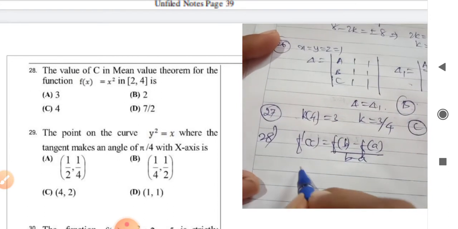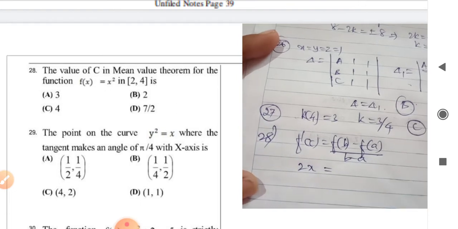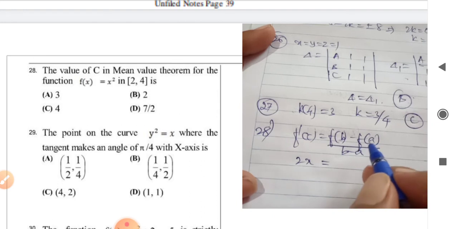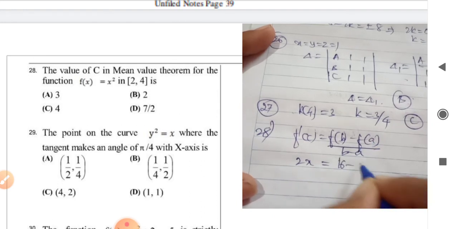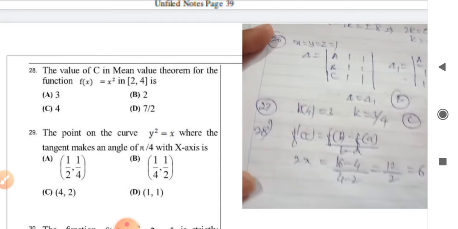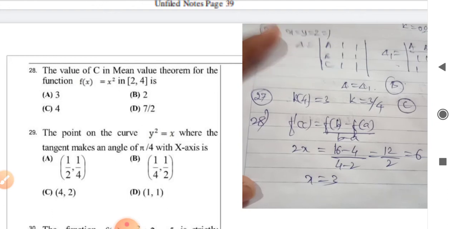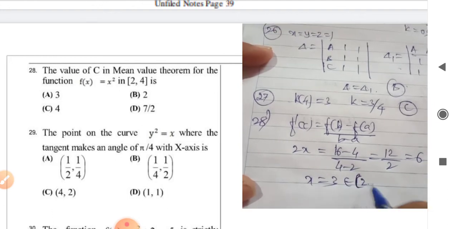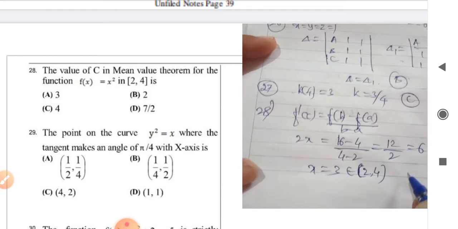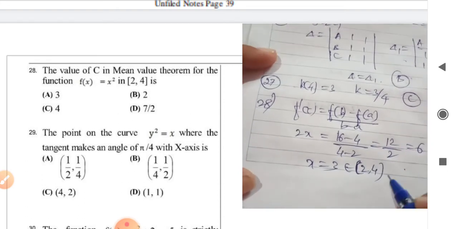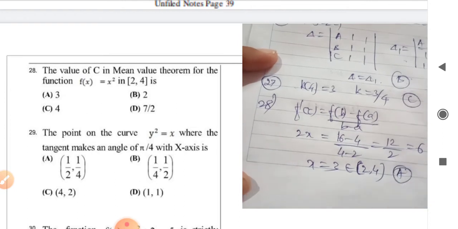Therefore f dash of c here is 2x, or else you can say 2c also, and then when you put x equal to 4 you get 16, when you put x equal to 2 you get 4, that is 16 minus 4 is 12, divided by 4 minus 2, 12 by 2, it is 6. Hence c equal to 3. When you take c equal to 3, obviously it belongs to the open interval 2 to 4. Hence you can say that it is derivable, and the c value is 3 here. So the answer for this 28th one is A.